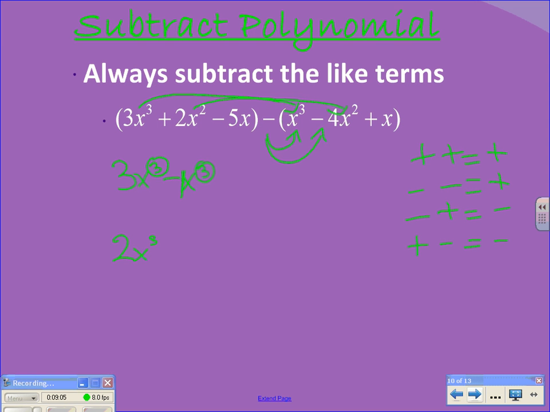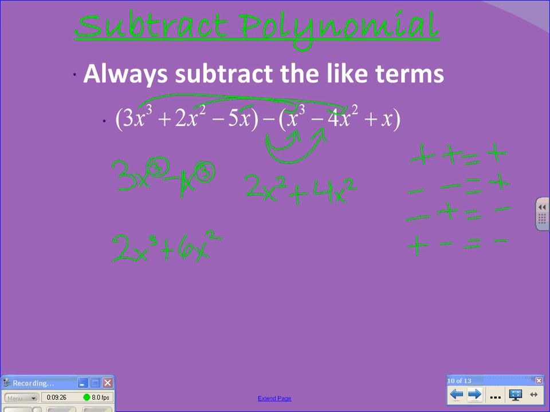So this one will be equal to a plus. So it'll be 2x exponent of 2 plus 4x exponent of 2. And now 2 plus 4 equals 6x exponent of 2.